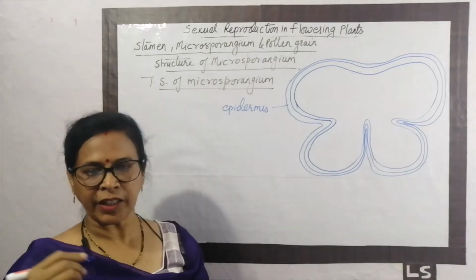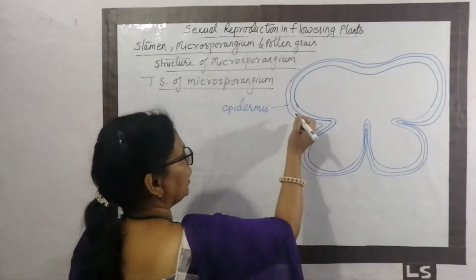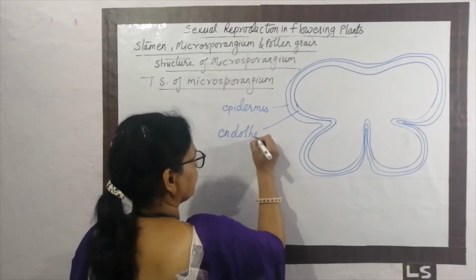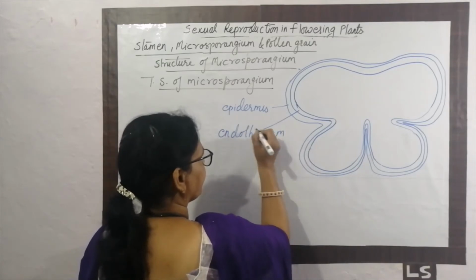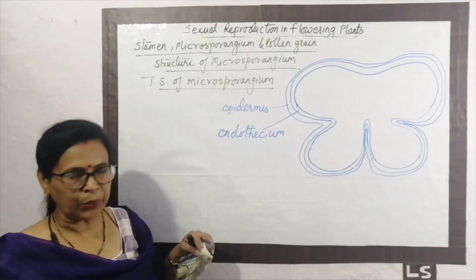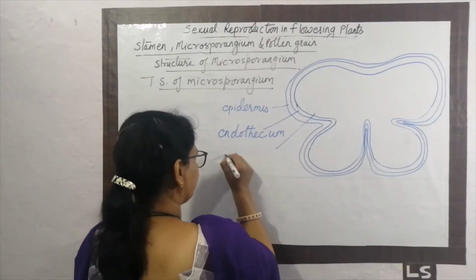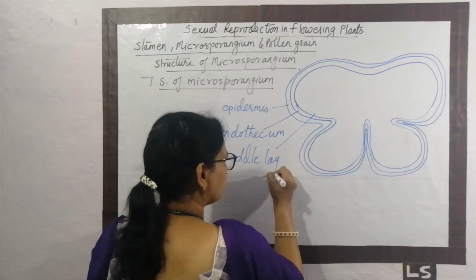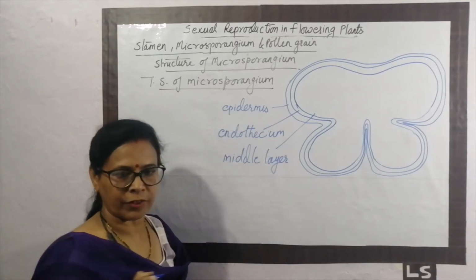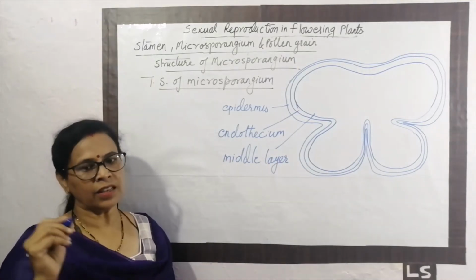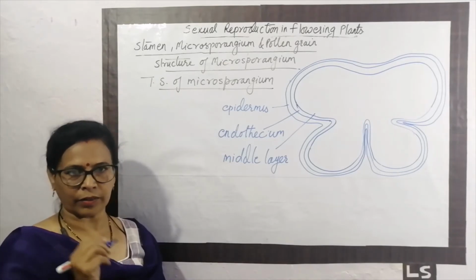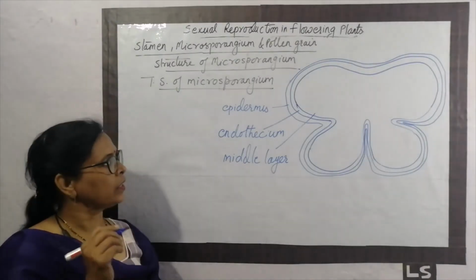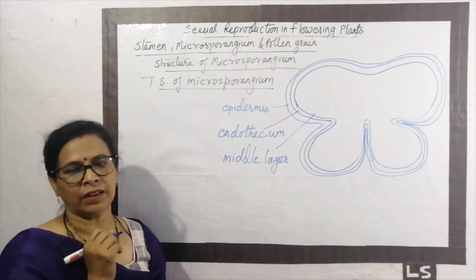Okay. Now after epidermis, next is the endothecium. Inside the endothecium is the middle layer. It is nearly oval or round in shape. The first character is it is nearly circular in outline, which is composed of 3 layers: epidermis, endothecium, and the middle layer.